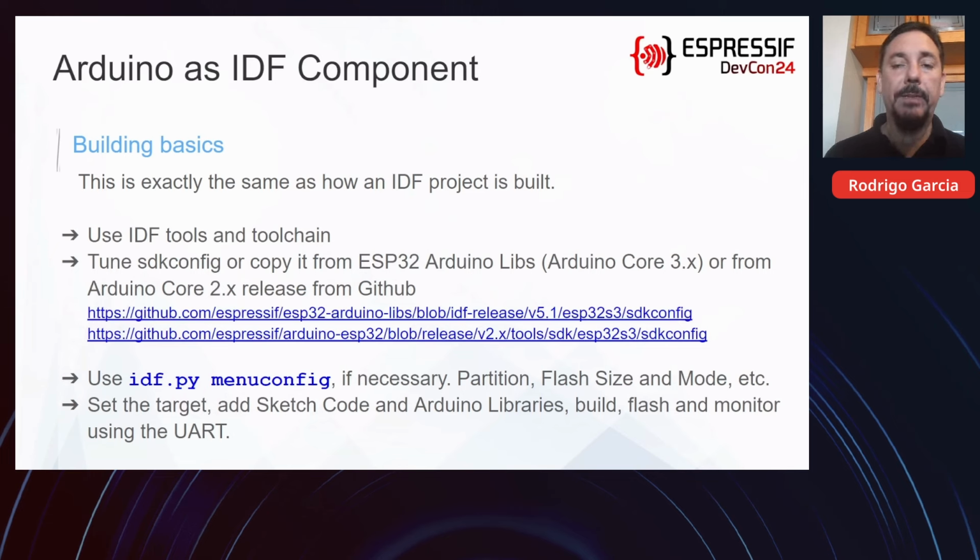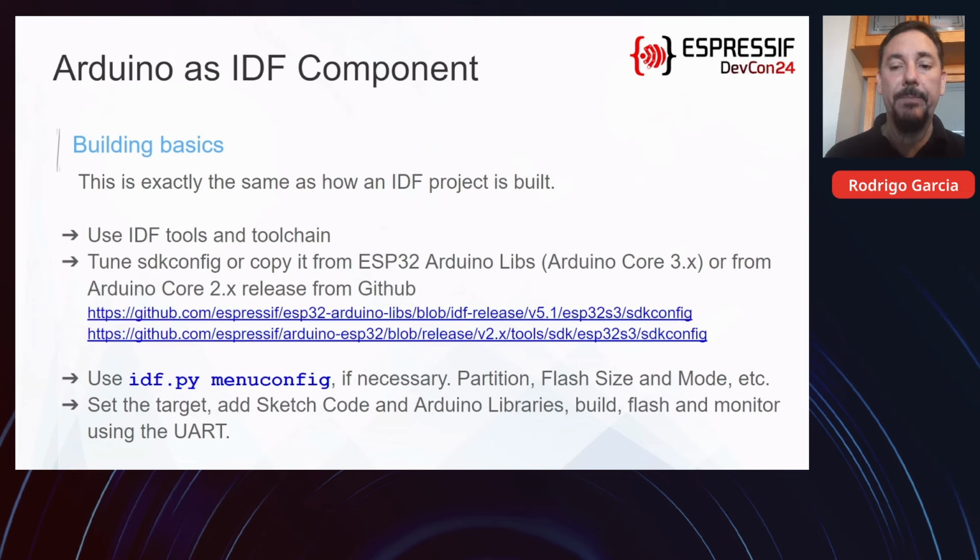In particular, the examples here are for the S3, but you'll find SDK config files for all the other SoCs. Once you have your SDK config there, you can use idf.py menuconfig, which will open a window that allows you to browse through all the settings.